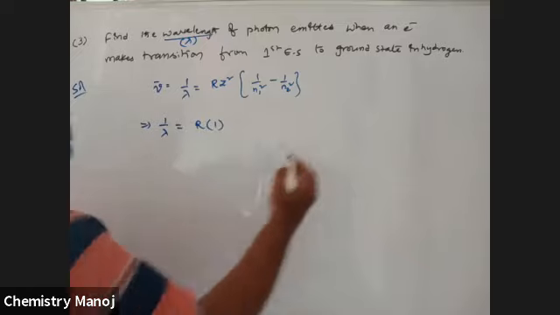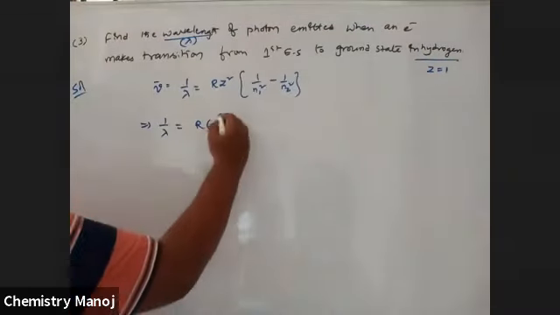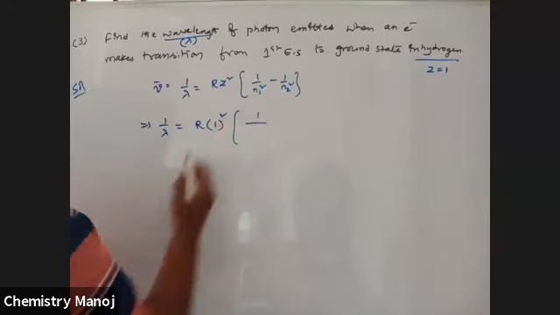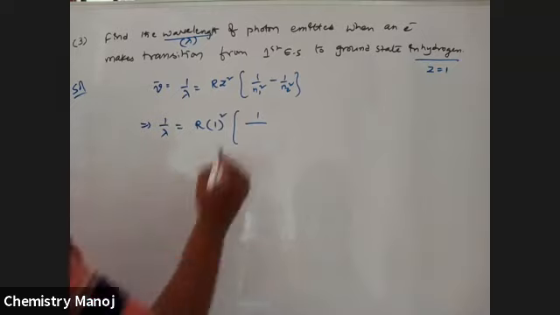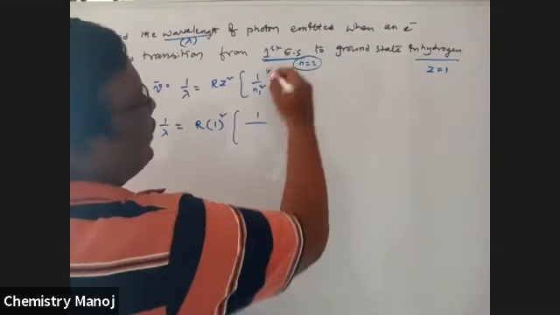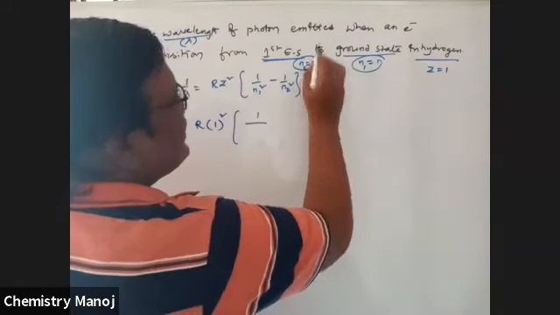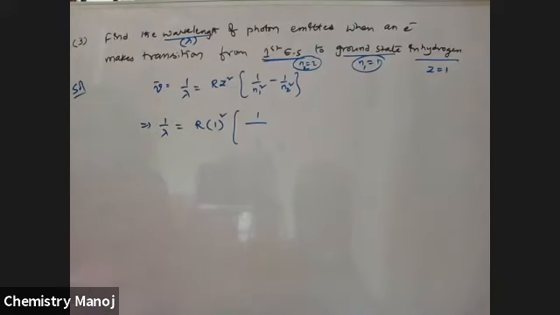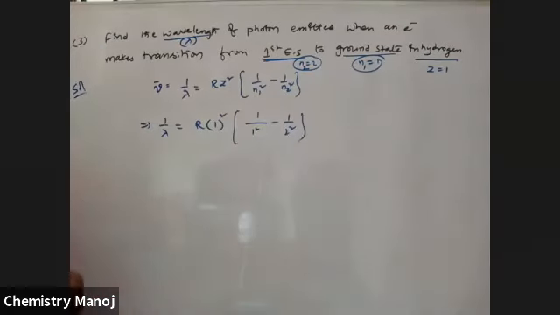It is hydrogen atom, Z is equal to 1. The electron transitions from the first excited state, N is equal to 2, to the ground state, N is equal to 1. Lower energy is N1, higher energy is N2.